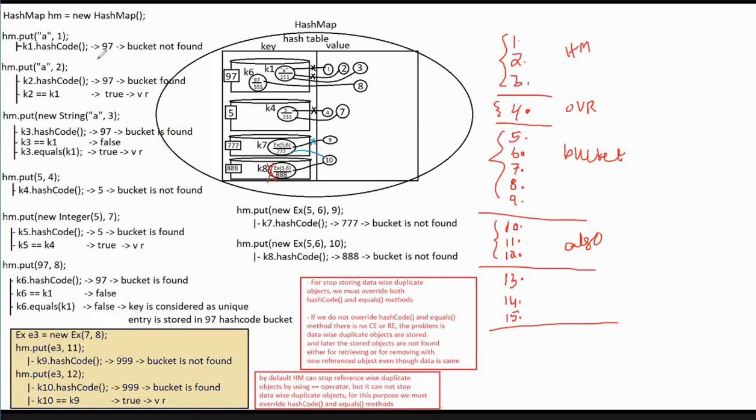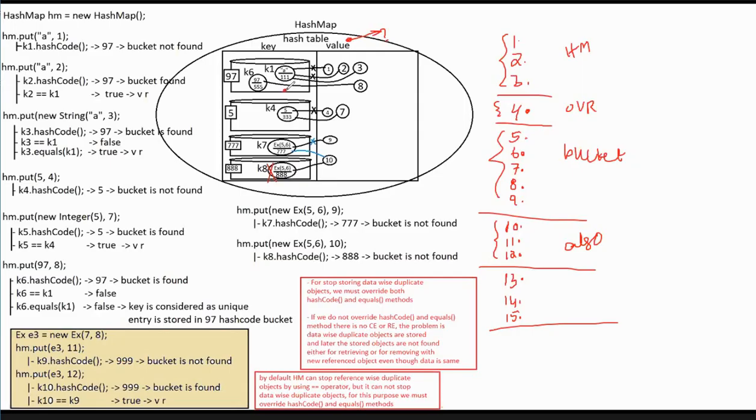Question number 1: how is this hash table memory created? I have written a table. What is this table? Who is representing this table? How is the hash table data structure memory implemented?